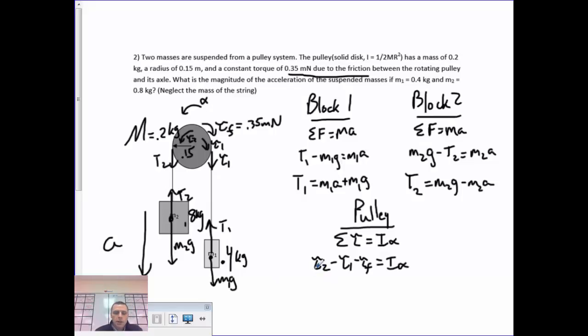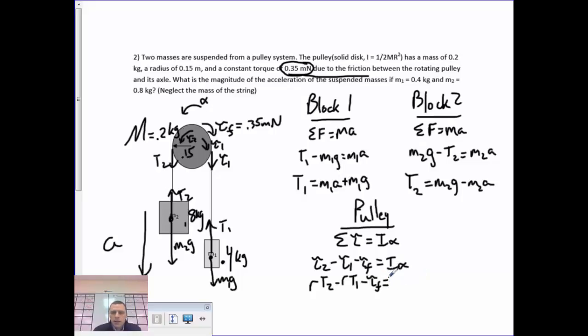Each torque is the result of a lever arm value or radius multiplied by a force. So this is R times T2 minus R times T1 minus torque friction. I don't need to calculate R times F for the frictional torque because they tell me exactly the value. I can see that by looking at these units right there. It's meter newtons. It's already given to us, so we're going to leave it as is.